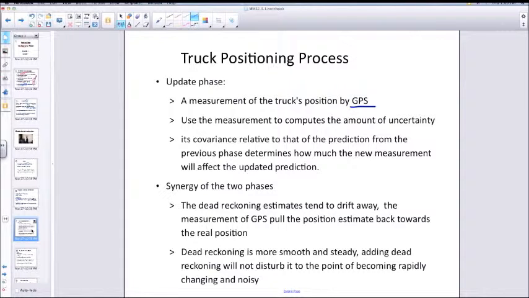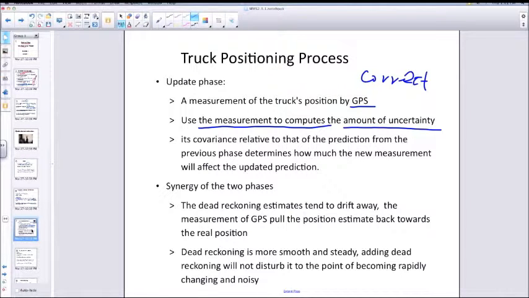So we use the measurement to compute the amount of uncertainty, because if the boat is under some current and drifts hundreds of miles away, you never feel it by your internal devices. So in that case, the measurement makes a huge difference to correct your prediction. That's the key word, to correct.